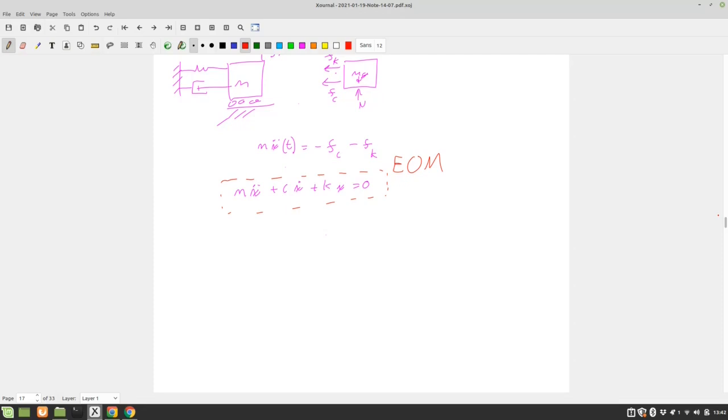You could solve it for acceleration or velocity, but just solve it for displacement and then take the derivative. That makes sense? So we want to get our x of t equals something. That makes sense? Yeah, so the time domain is what I was referring to. So we want our x of t, we want our displacement in the time domain.